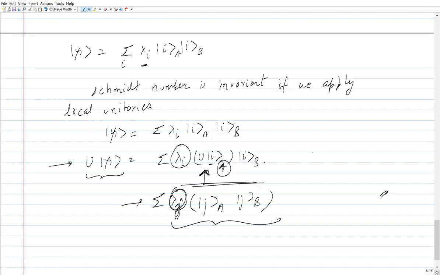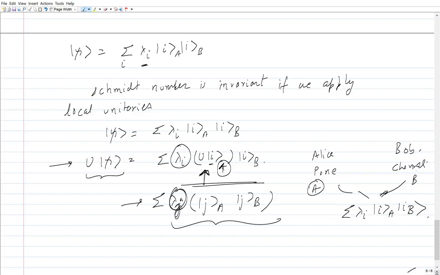So for example, Alice and Bob can be in Pune and, I don't know, Chennai. They can share a state. They have a joint state, which is the sum of lambda i, i A, i B. This is a state shared by Alice and Bob, where Alice has the A system and Bob has the B system. Now Alice can do anything to her system in the sense that she can apply local unitary operations.